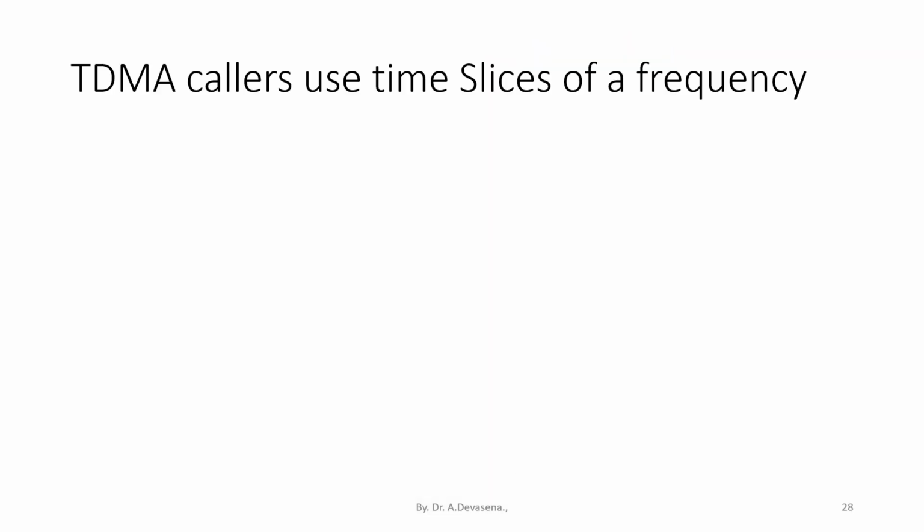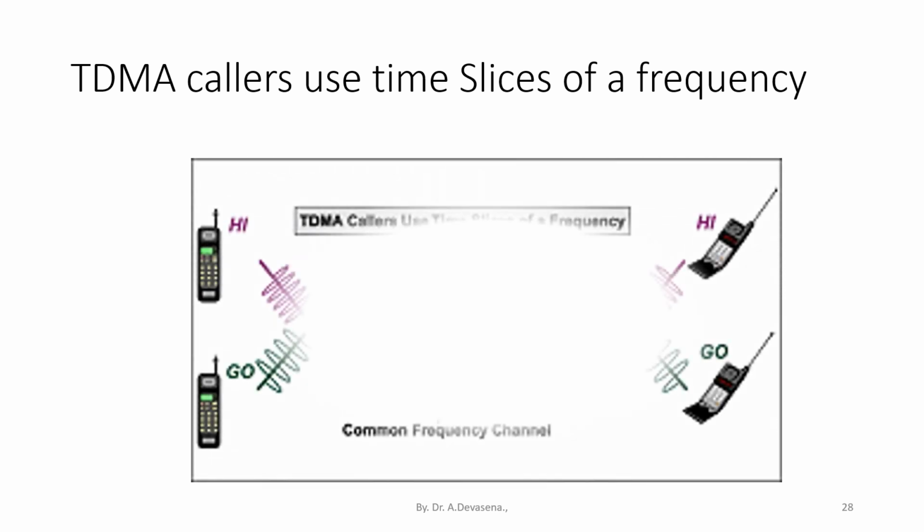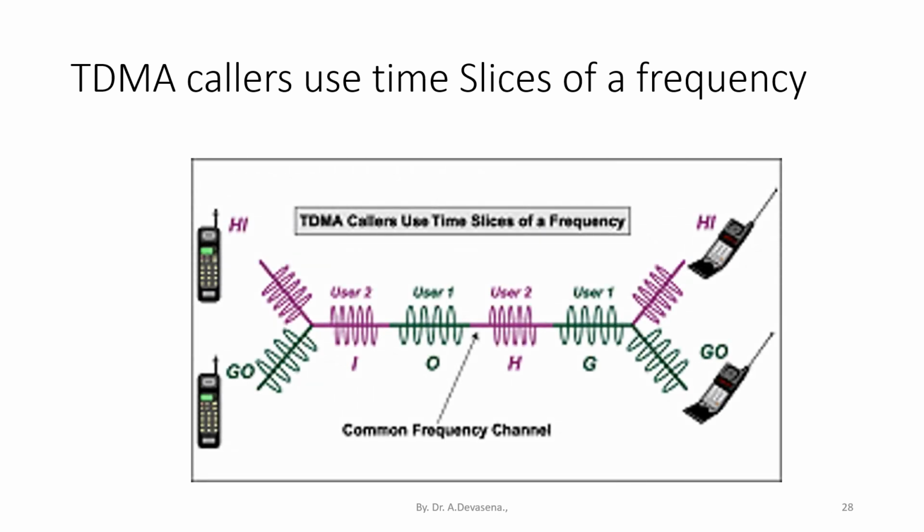TDMA callers use time slices of a frequency. This is a representation of a common frequency channel. Consider that two callers are utilizing the frequency channel. One caller is sending hi. The color of caller 1 is indicated as purple. The information passed by caller 1 is hi.